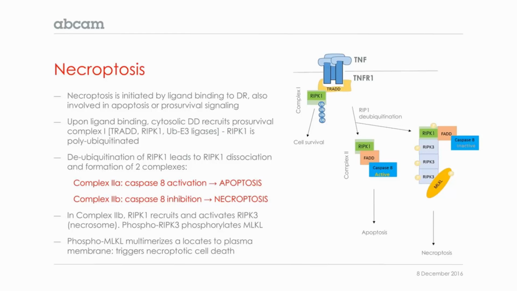If, however, caspase-8 has been inhibited, another complex called complex 2B is formed. Complex 2B recruits and activates RIP kinase 3, which in turn phosphorylates MLKL in order to trigger the necroptotic pathway.